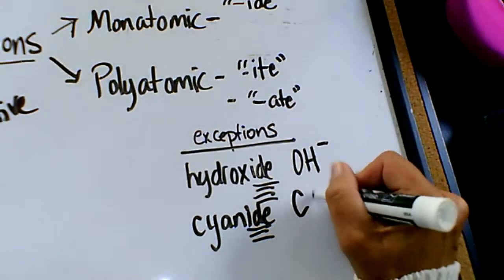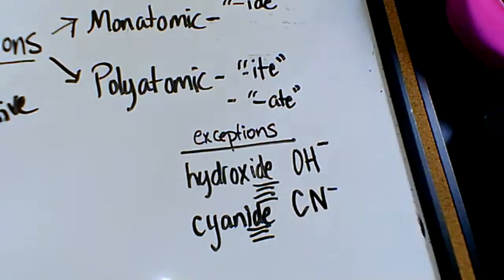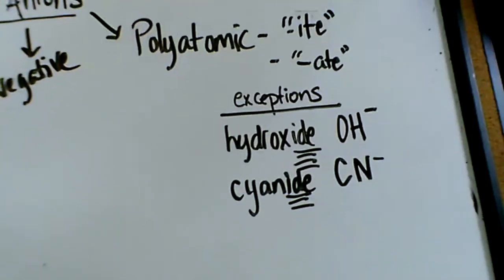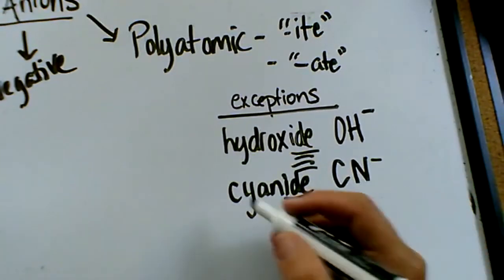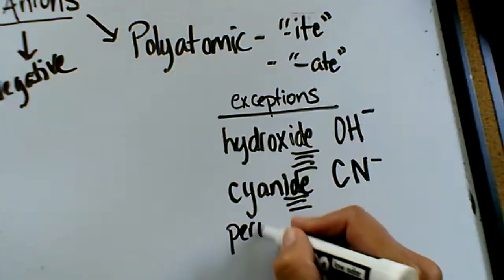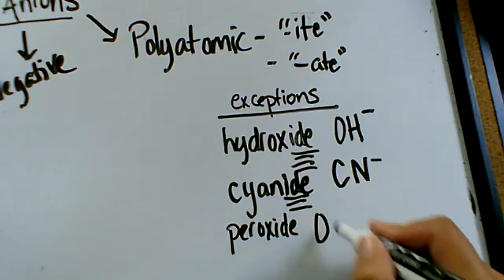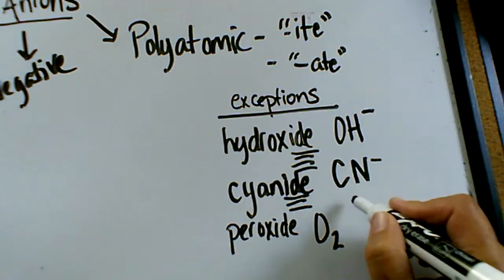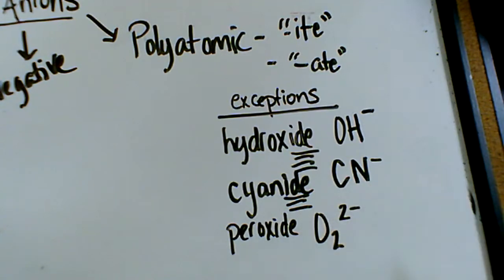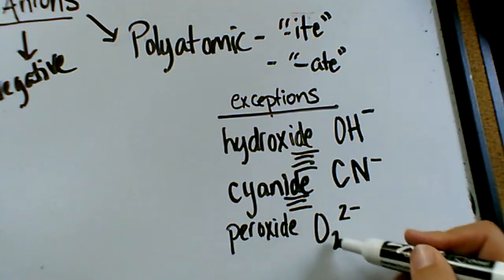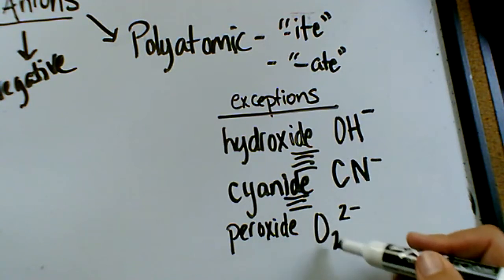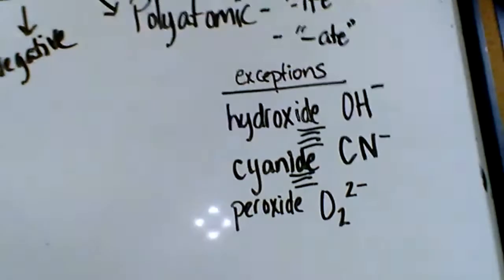It is not monatomic. It's polyatomic. There is peroxide. That's going to be O2 2 negative. This is more than one atom. This is not monatomic. It's polyatomic.